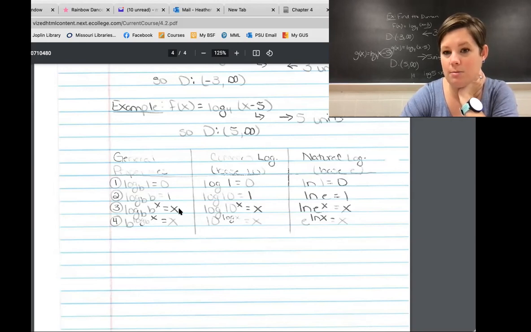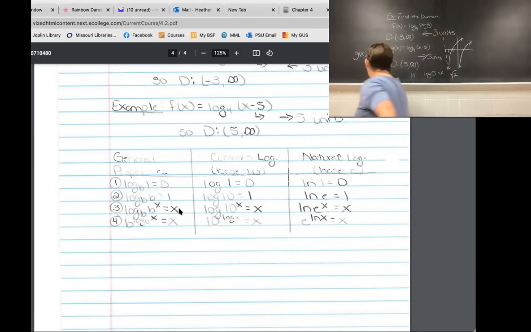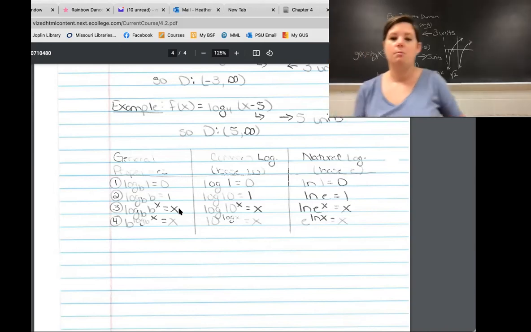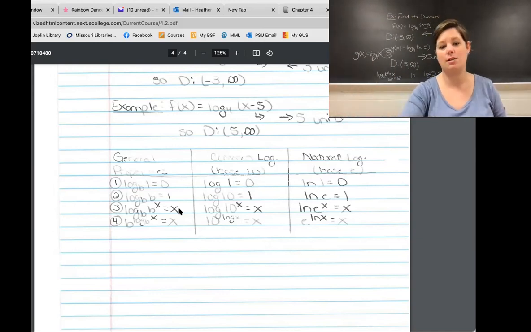So it just equals x, because the rest is going to go away. Log b of x equals x. Base becomes the base, answer becomes the exponent. b to the x, b to the x. It's really small. I don't know if you can see that. Basically, all of these things are true because of the base becoming the base, the answer becoming the exponent rule.